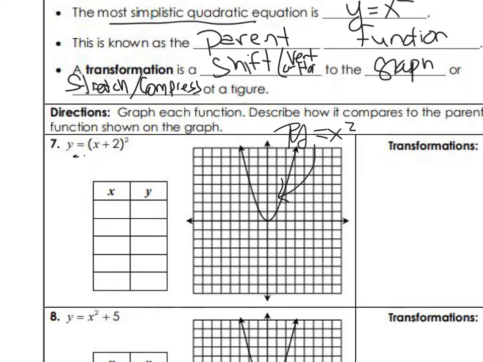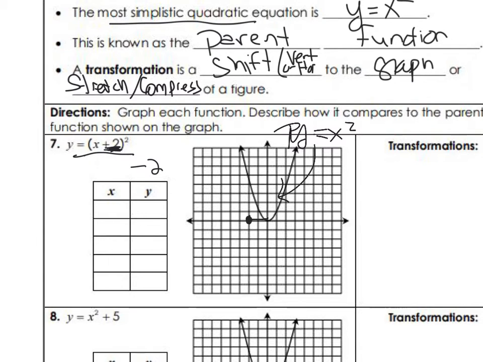And if you look at this equation, they've added this plus 2 here. Alright, now that plus 2 is really opposite 2. And it's saying that your x coordinate of your vertex is shifted to the left 2 times. Okay?